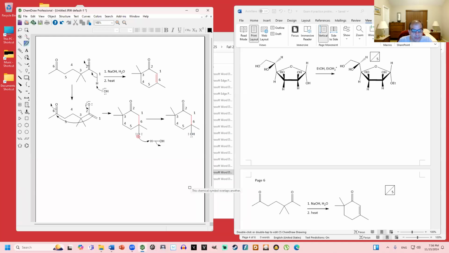So you get this alcohol, and then at carbon 1, we still have these 2 acidic protons.